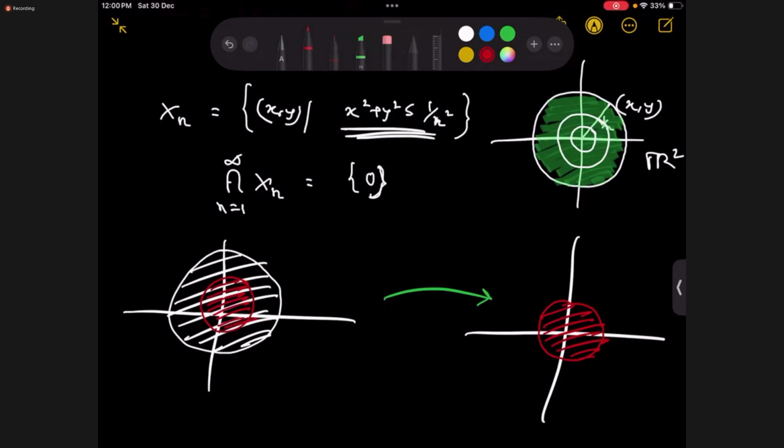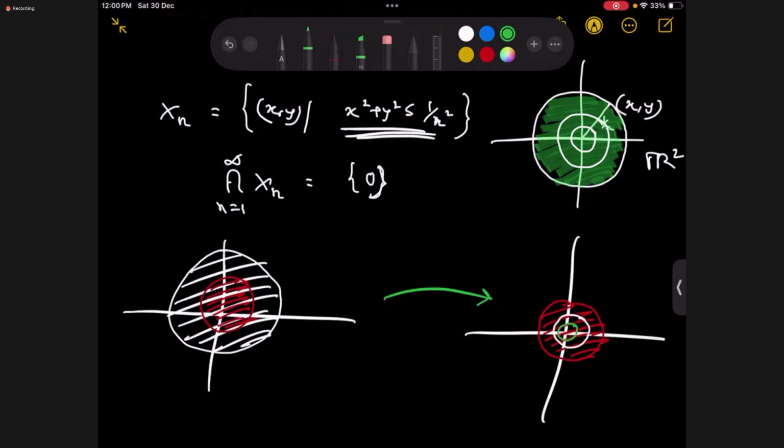Now we are taking the intersection of infinitely many sets, so ultimately it will get smaller, again smaller, and so on, and it will come down to only one point, that is (0, 0).